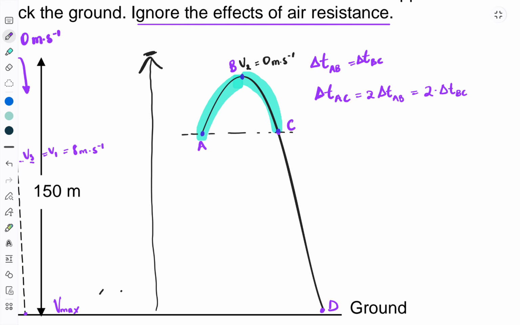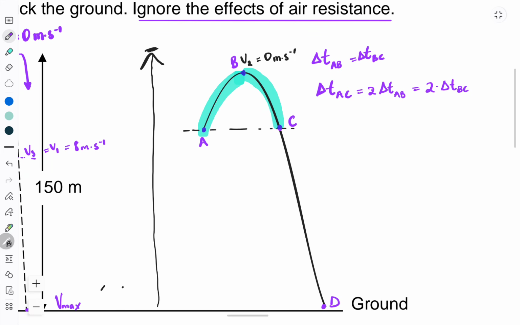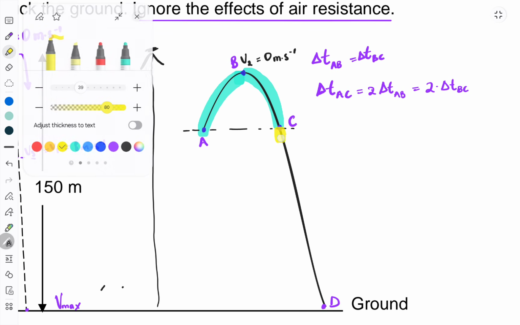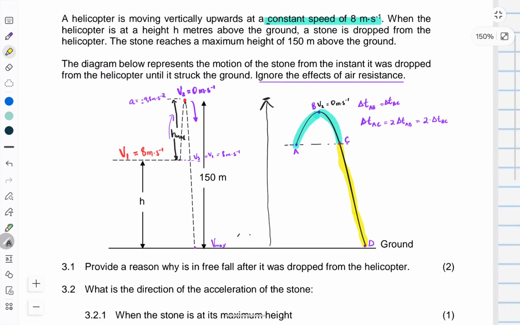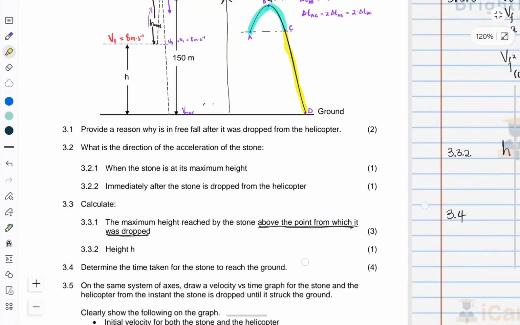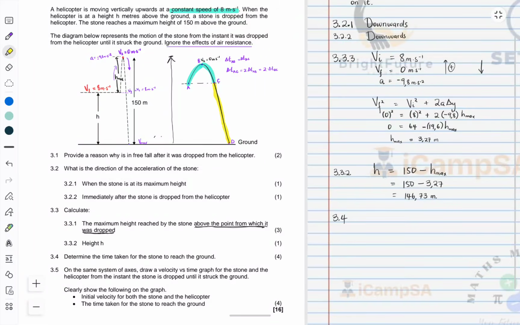So usually you can use one of these, or you can find the time it takes from A to B and then find the time it takes from B to D. Or you find the time it takes from A to B and then you find the time it takes from C to D, right? So after finding A to B, you can multiply it by 2 to find how much time it took from A to C, and then you are only left with this portion of the trip. Then you can use another formula to find the time there. So let's see what we can do here. I'm just breaking down and reminding you of the basics.